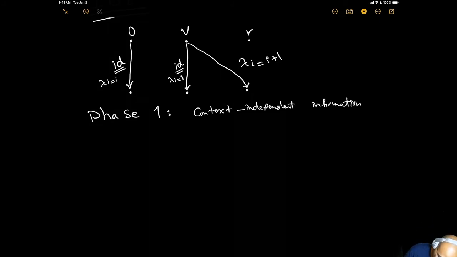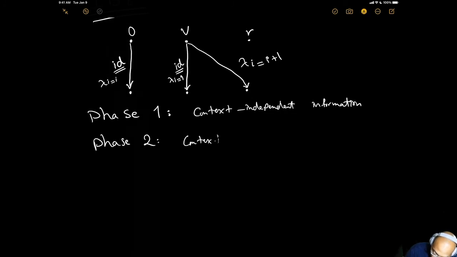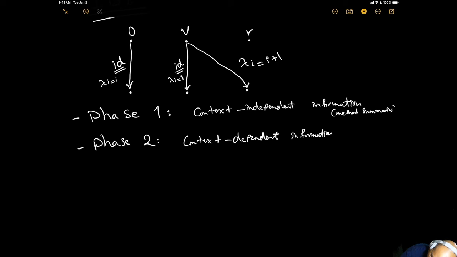Once you do that, we can move on to phase 2 of the algorithm, where you compute the context dependent information. Think of it as, in phase 1, you're trying to create the method summaries, and in phase 2, you apply the summaries to compute the result of your analysis.